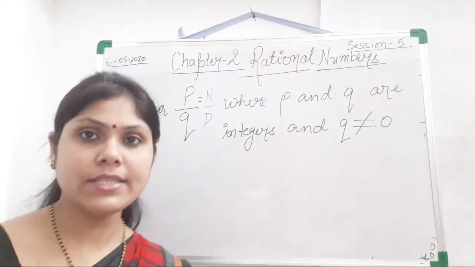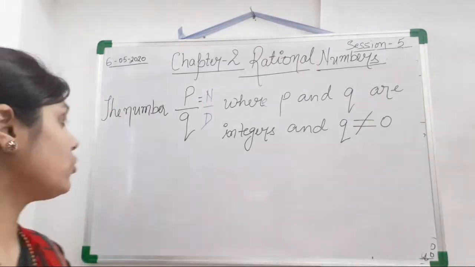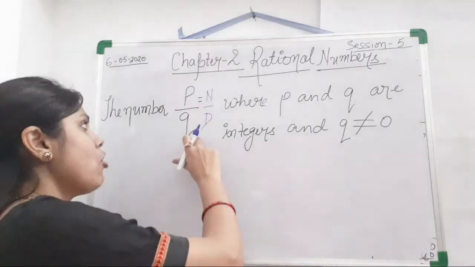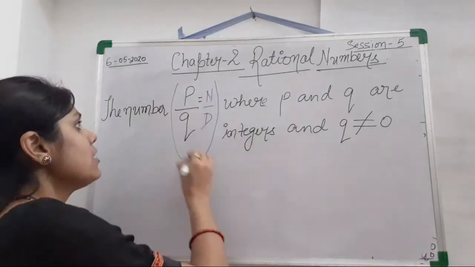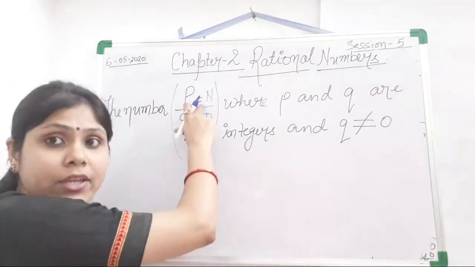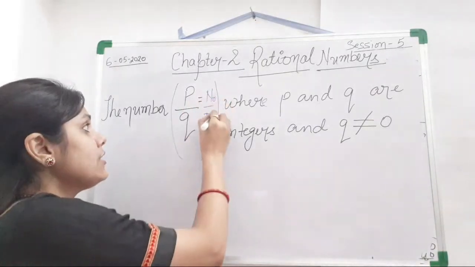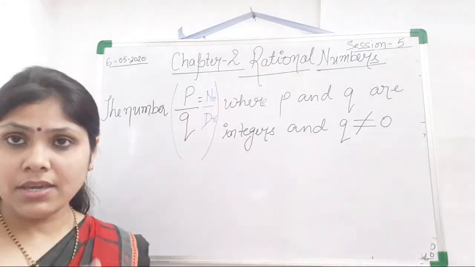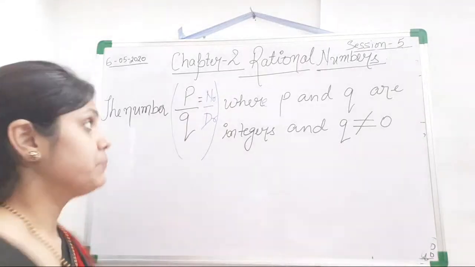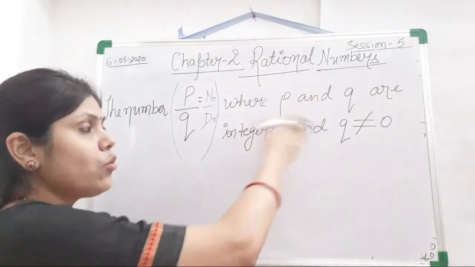Once again I am telling you, the numbers in the form of P by Q, where P is the numerator and Q is the denominator, and P and Q are integers.